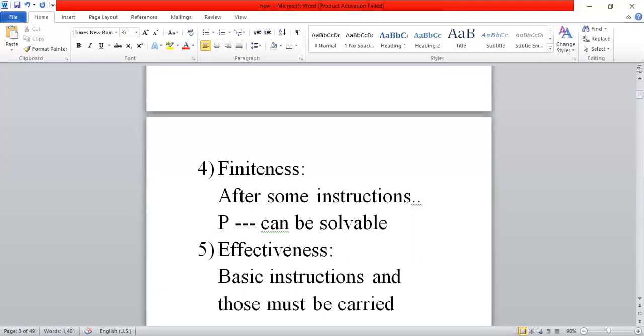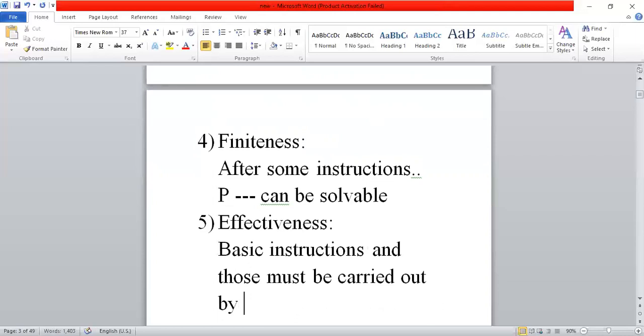All the instructions can be carried out by a human or developer with pen and paper, either for calculating time complexity or space complexity. The instructions must allow the user or developer to carry them out completely.